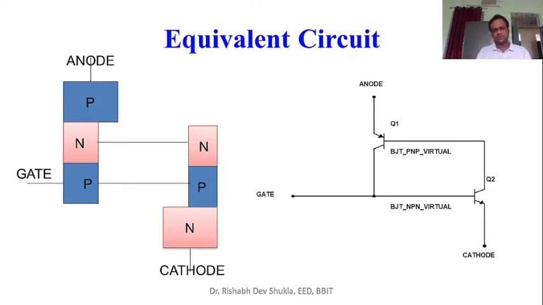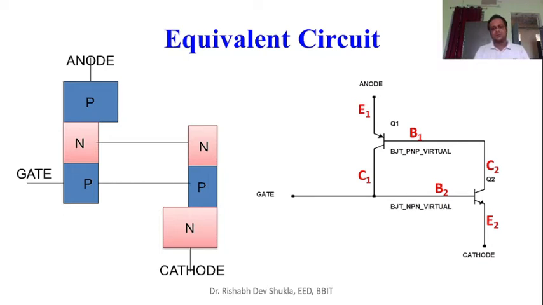Q1 is your PNP transistor and Q2 is your NPN transistor. E1 is emitter of Q1, B1 is your base of Q1, C1 is your collector of Q1. B2 is your base of Q2, C2 is collector of Q2 and E2 is your emitter of Q2.